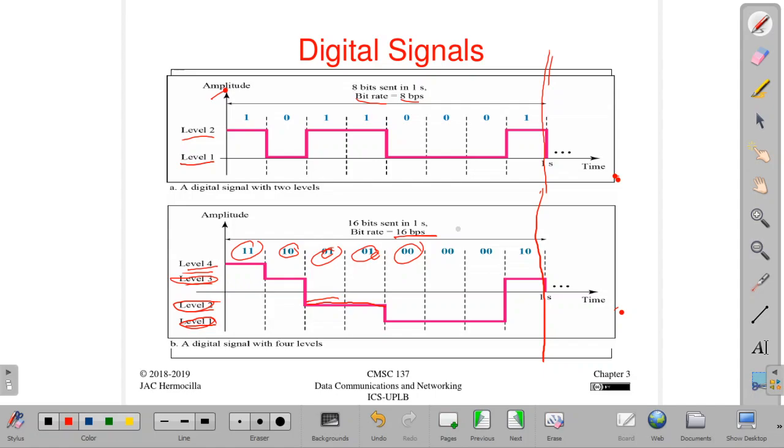So that means that indeed by increasing the number of levels, we can increase the bit rate. That's an important property of digital signals, because we can increase the number of levels so that we can increase the bit rate.